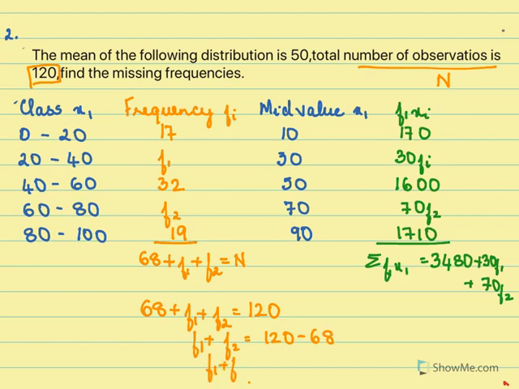So F1 plus F2 equal to 52. We are going to use this information later. Now formula of mean equal to sigma Fi Xi over total number of observations, or I can write sigma Fi. So in this case, we know the mean was given to us as 50.